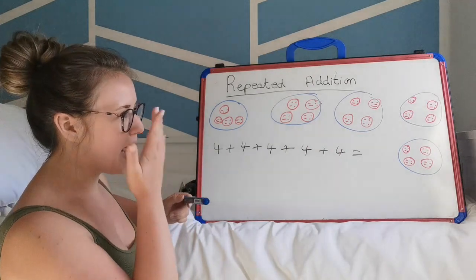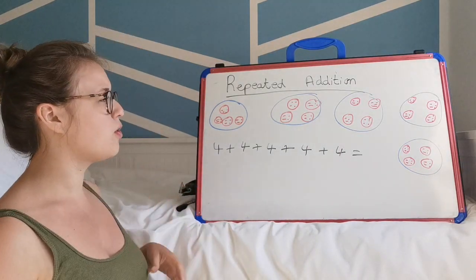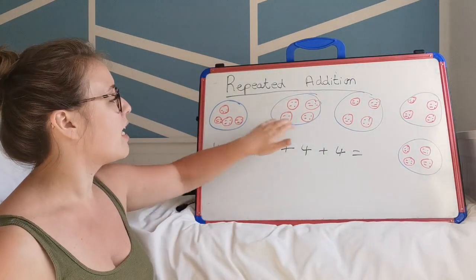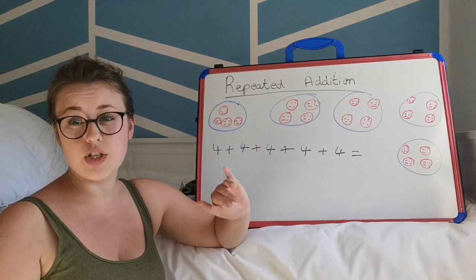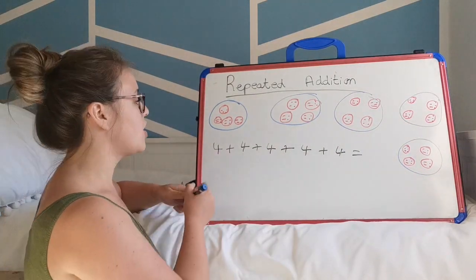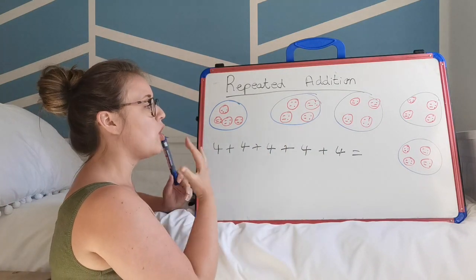Now, to work this out, obviously, I can count in fours if I know how to do it. But what's so good about having these drawings and knowing that we're adding each time is that I can count on in ones if I need to. And like I said, this is the very beginning of multiplication. So, I could count them all up to work this out.